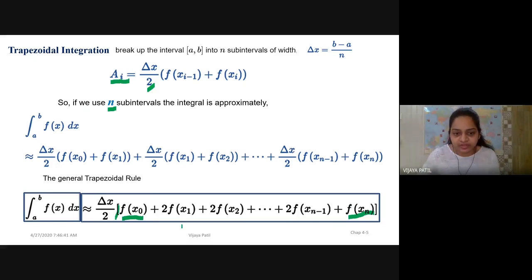Whereas the in-between points, f of x1, f of x2, f of x3, as I told you, we will be getting 2 times. Except for the extreme points, every function will get multiplied by 2 over here. So this is the general trapezoidal rule I'm going to derive from the given curve.